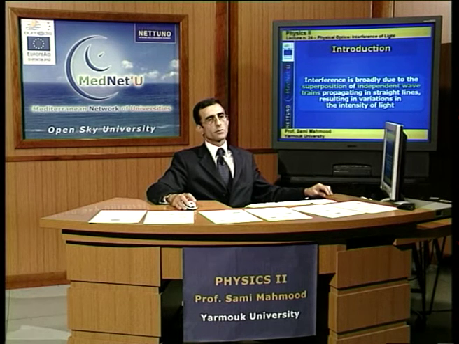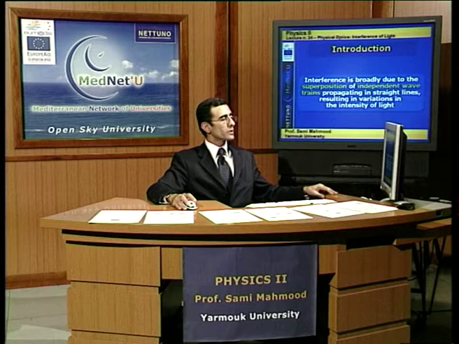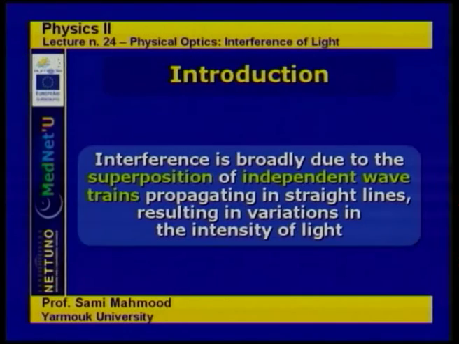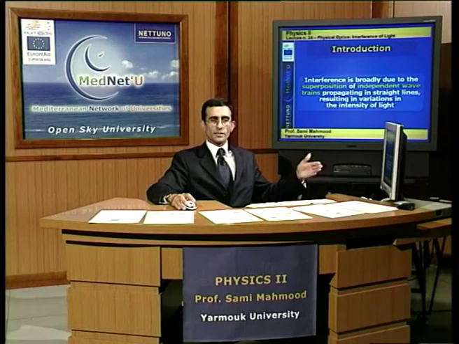Interference as a concept is broadly due to the superposition of independent wave trains propagating in straight lines. And this superposition of independent wave trains results in variations in the intensity of light in space.